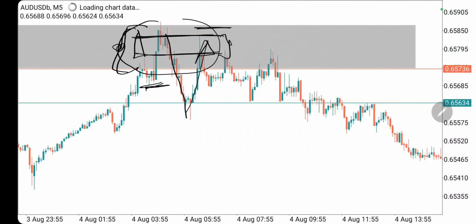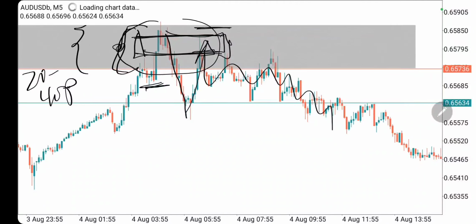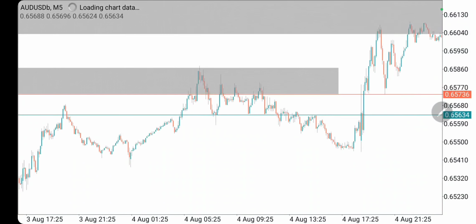This main supply zone would have been perhaps 20 to 40 pips, but now refined down to 2 to 5 pips, and now you could have a good risk to reward ratio.